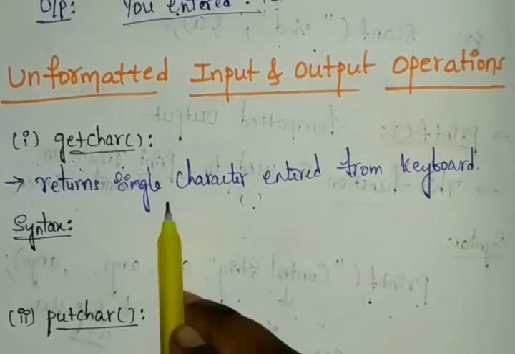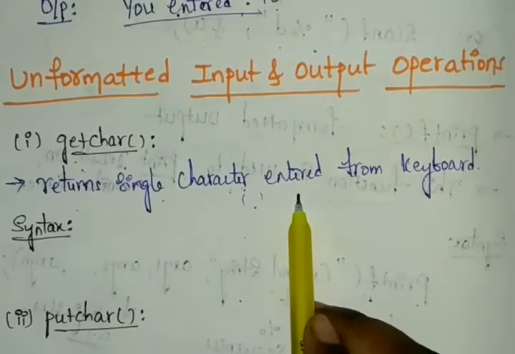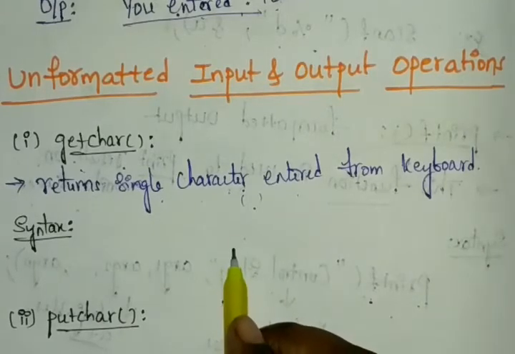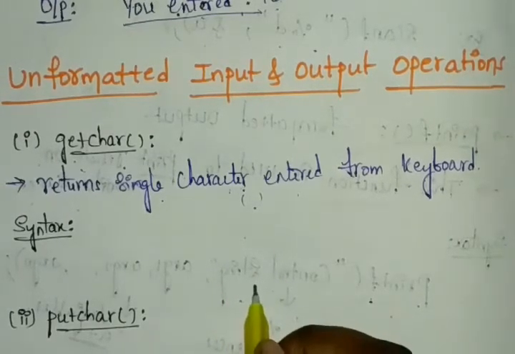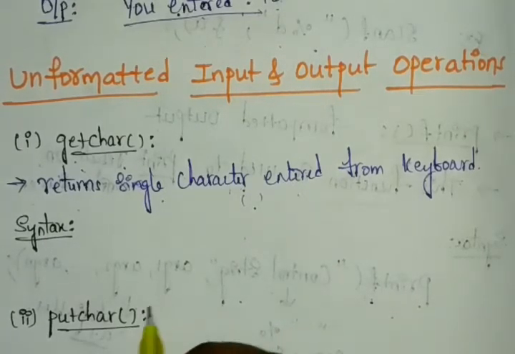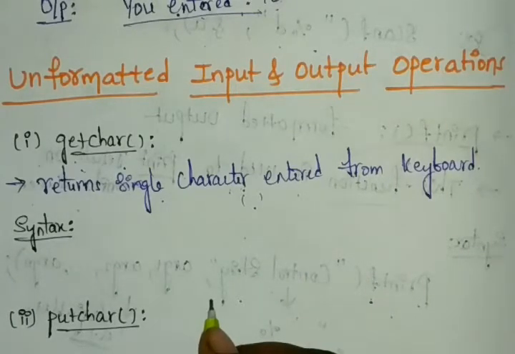In simple terms, this function returns the single character entered by the keyboard, and no arguments are required. By calling the function we can read the character. Once you call it, only then can you read it, otherwise it stays constant. How does it look in syntax?